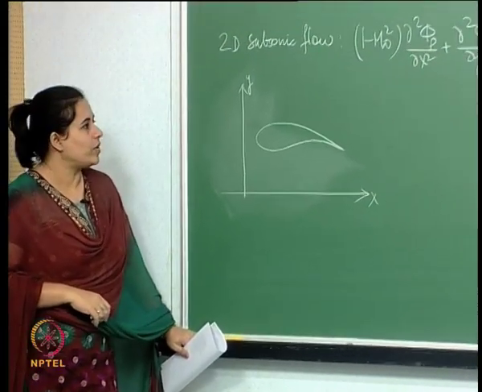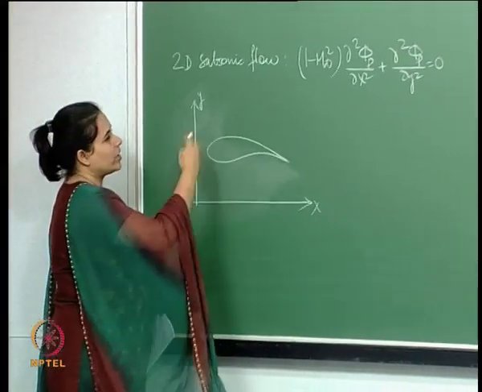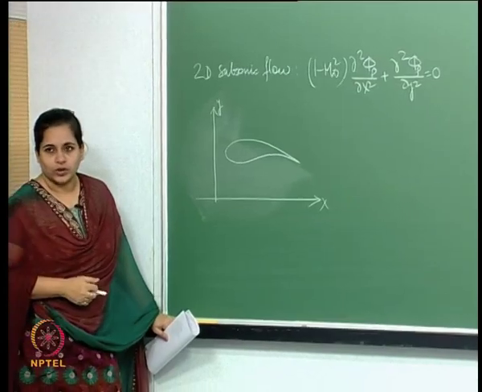So phi p is the perturbation potential, and if I know the perturbation potential, I should be able to find out the velocities and so on and so forth, and hence the properties.